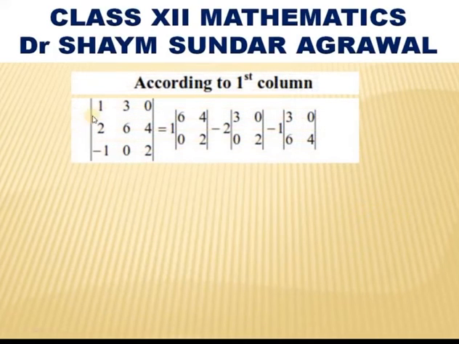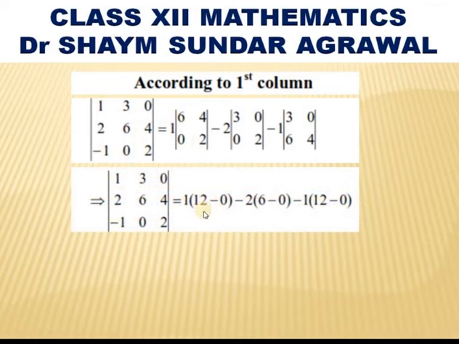Similarly, according to the first column, 1, 2, minus 1. So, 1 into the determinant of the rest of the elements after deleting the first row and first column is 3064, minus the second element 2 into the determinant of the rest of the elements after deleting the second row and first column is 3002, minus 1 into the determinant of the rest of the elements after deleting the third row and first column is 3064.